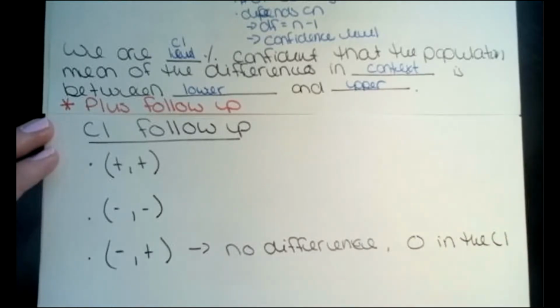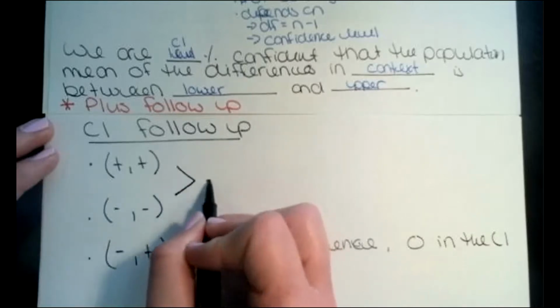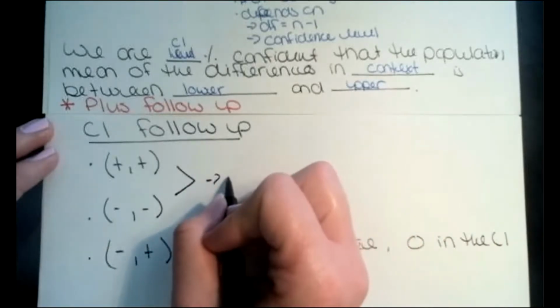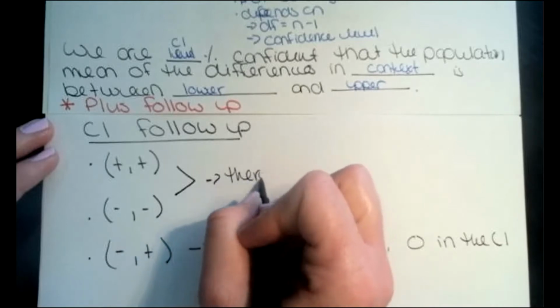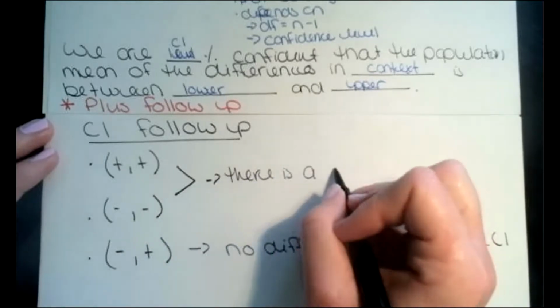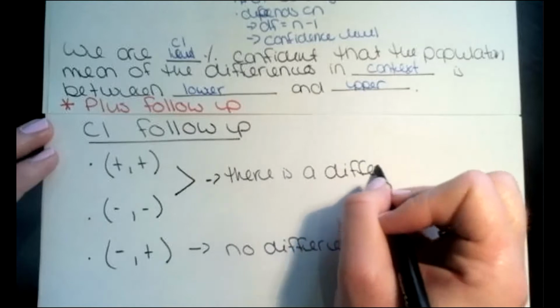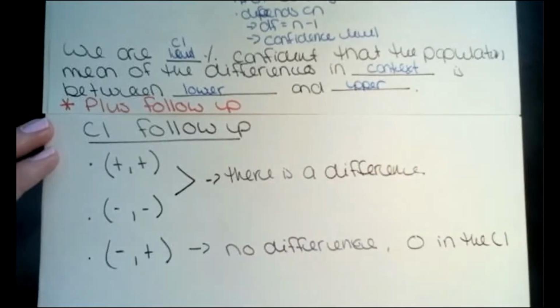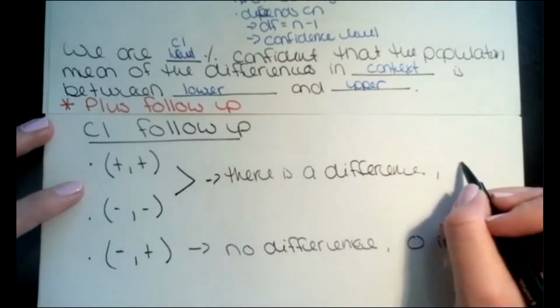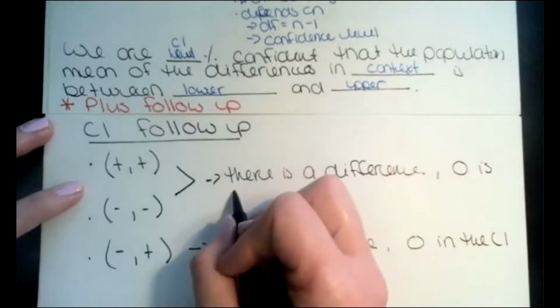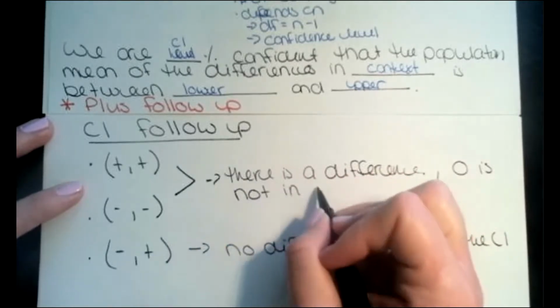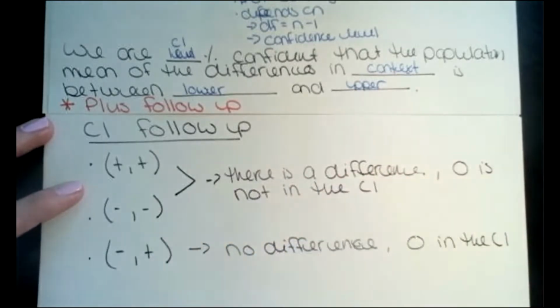Just going to write these quick, okay? These two indicate that there is a difference, because either the 0 is above or below, so the 0 is not in CI.